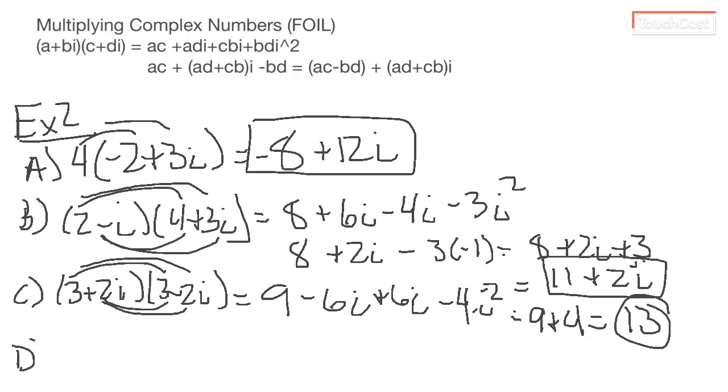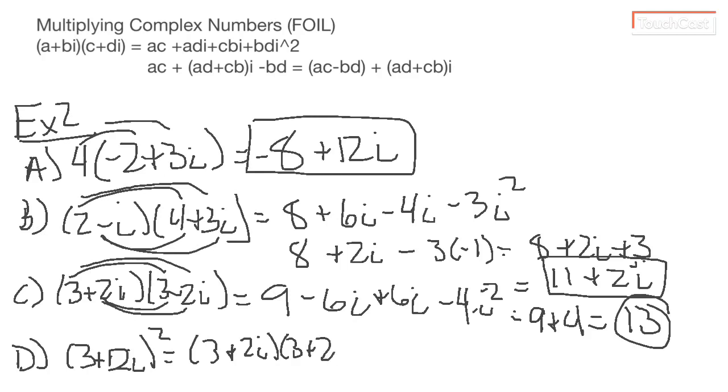And then let's look at one last one. We're going to take 3 plus 2i, and we're going to square that, which, remember, squaring a binomial means we're just having 3 plus 2i times 3 plus 2i.